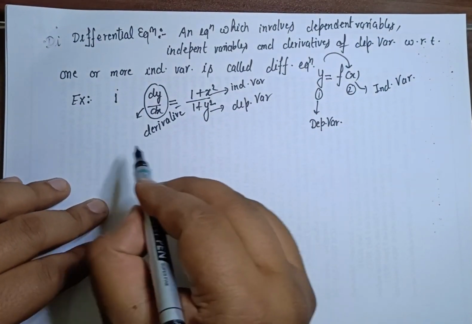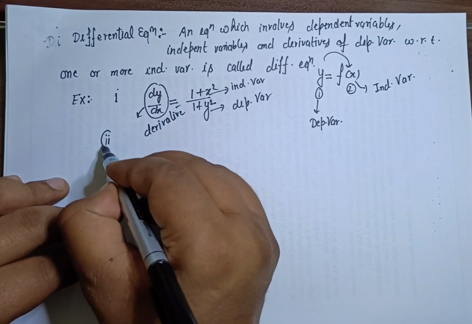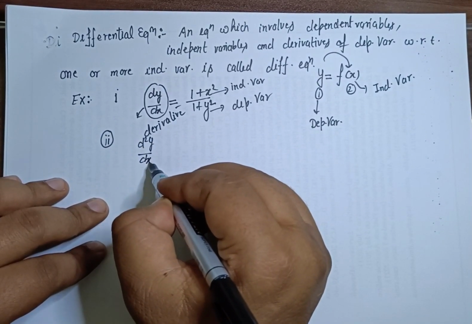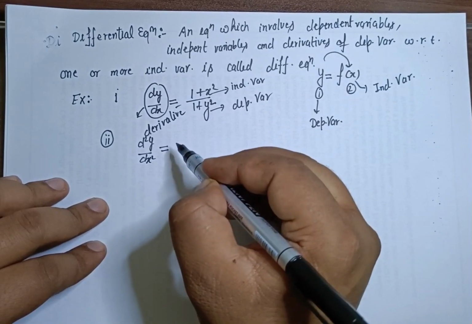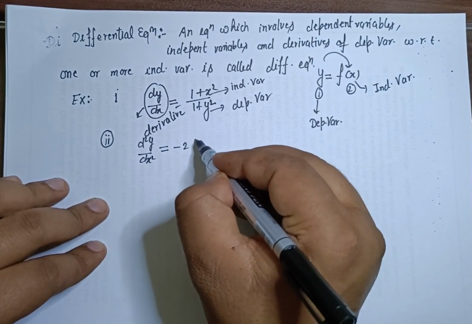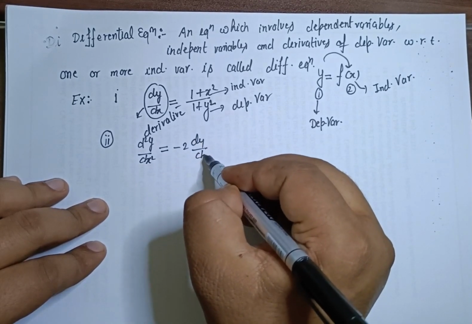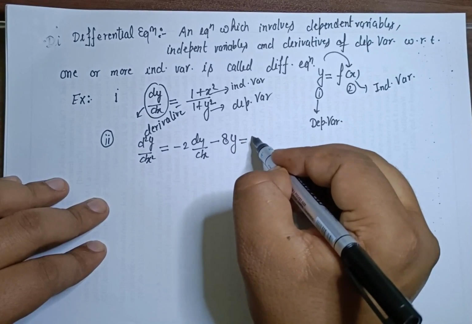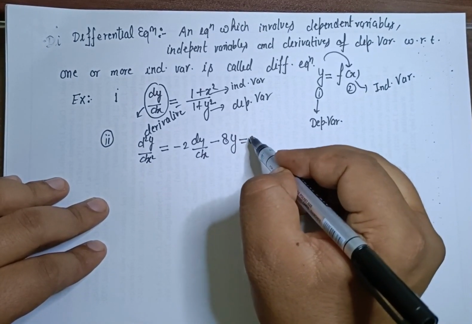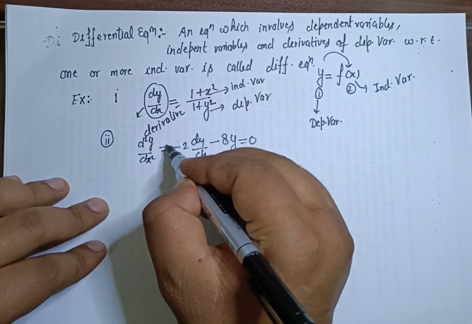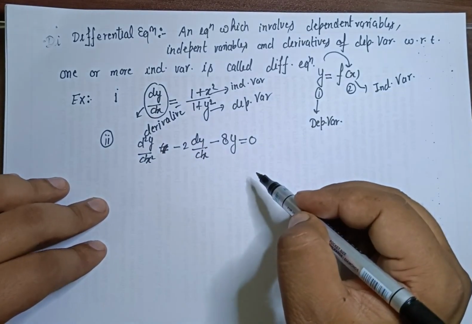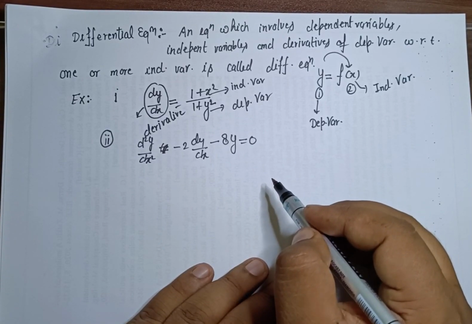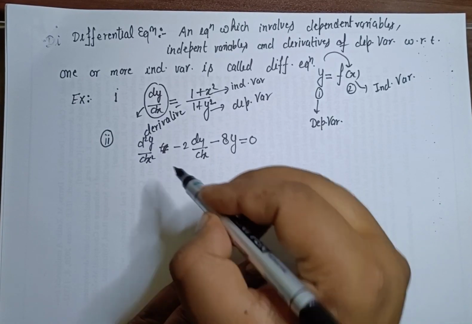And the second example we can take here: d square y upon dx square minus 2 dy upon dx minus 8y is equal to 0, okay? It is another example of the differential equation.